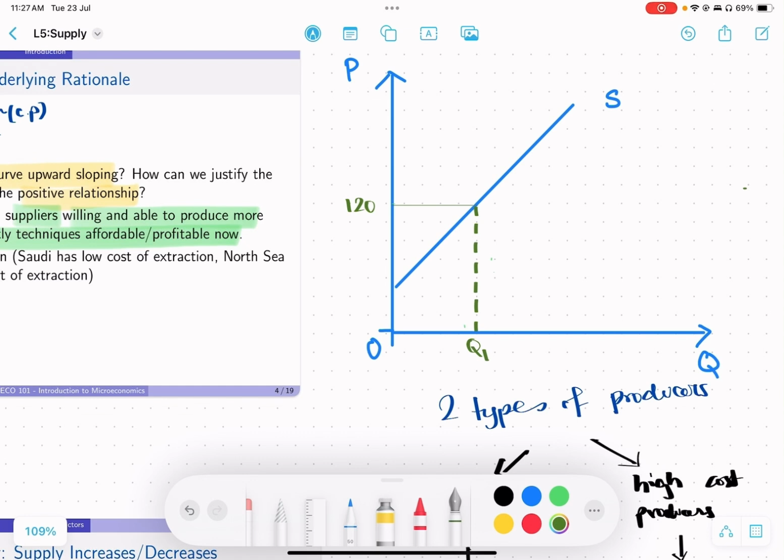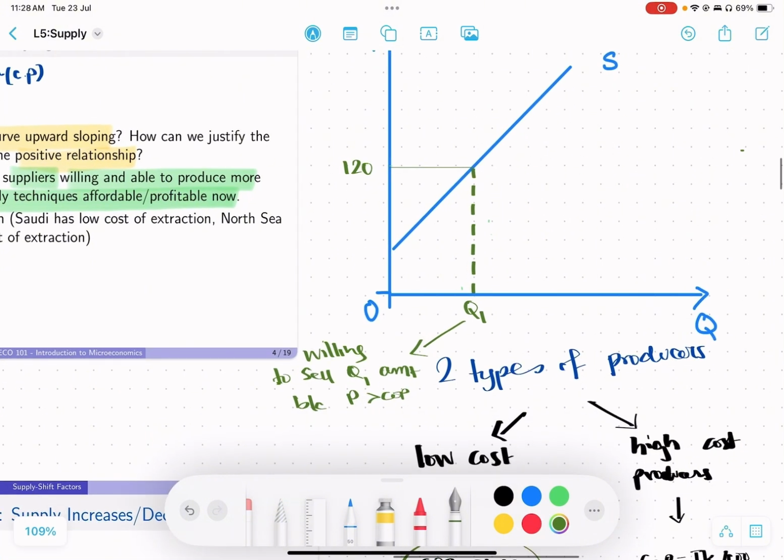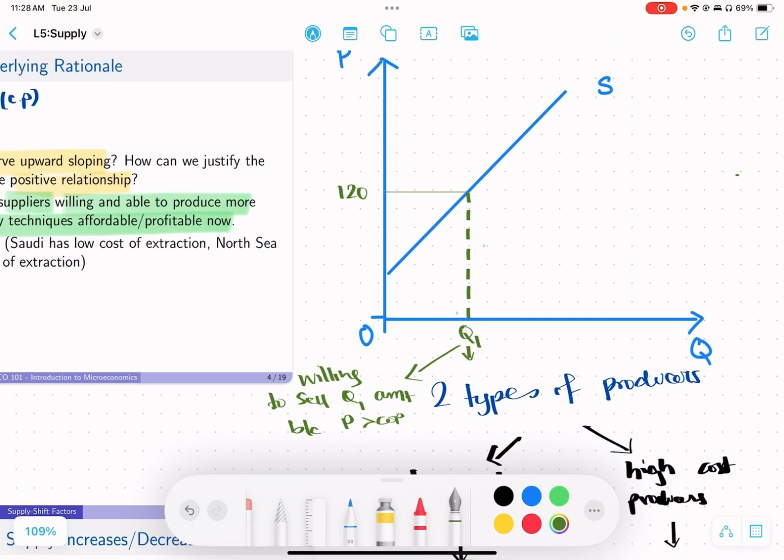The reason that they're willing to sell this amount is because price is more than the cost of production. Think of price as revenue per unit. So what they're earning by selling the good covers their cost of production. They would be happy to sell even if the price was lower than 120. Just to make our life easier, let's call this 50 units.